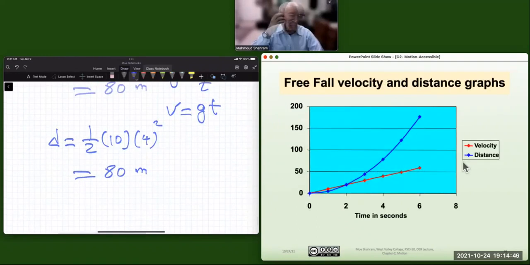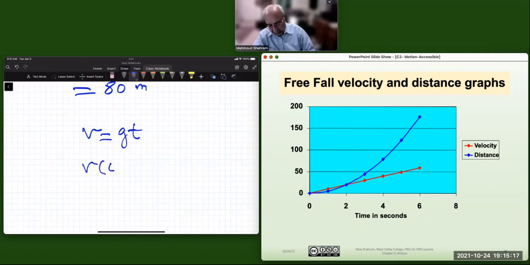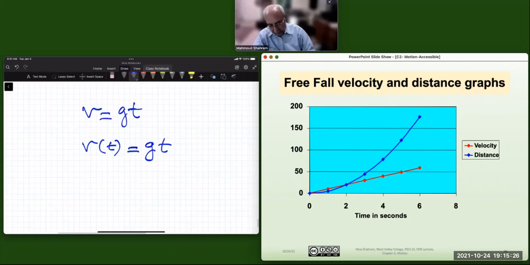If you want to know how velocity and distance are behaving with respect to time, we know that velocity is a linear function. We know that v is equal to g times t. V, which is a function of t, we can sometimes write like this, v of t. So sometimes you may see it like this. But the distance, which is also a function of t, is equal to 1/2 g t squared.